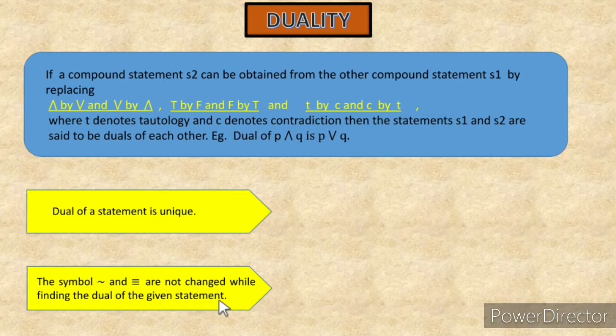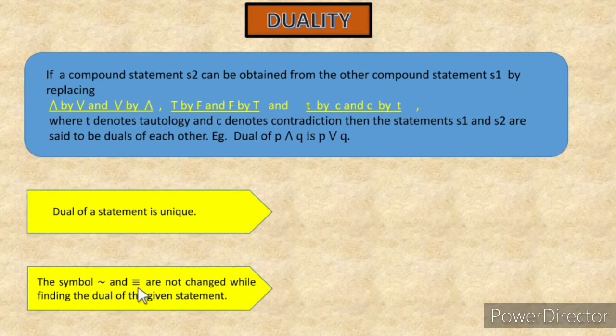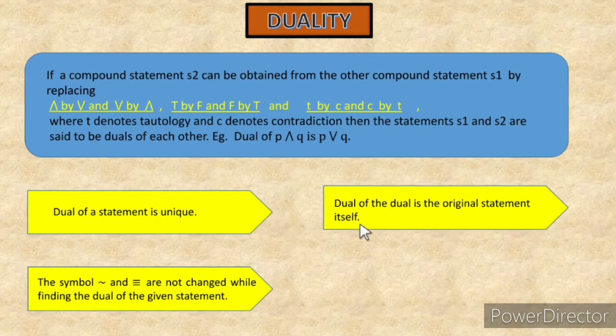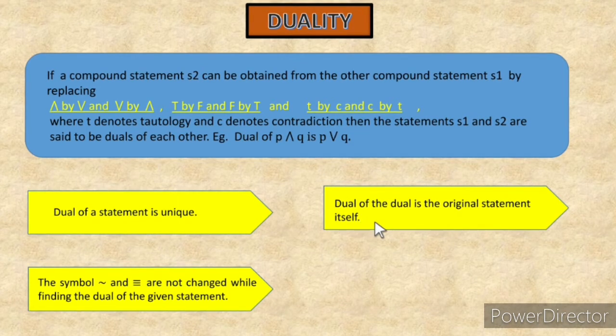As I said, if there are any other connectives, say negation, if-then, or the equivalent sign, you do not have to change them. Dual of the dual is the original statement itself. Just like negation of negation is the statement itself, in the same way the dual of the dual is the original statement itself.